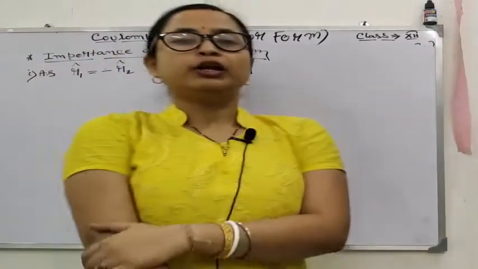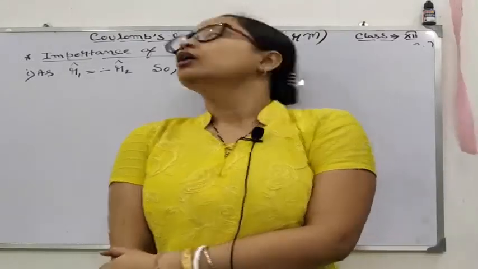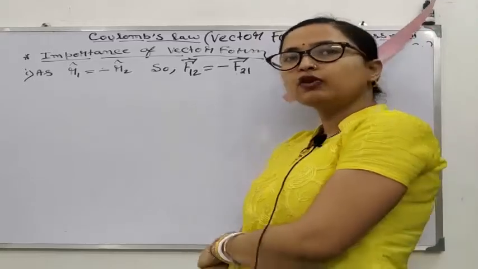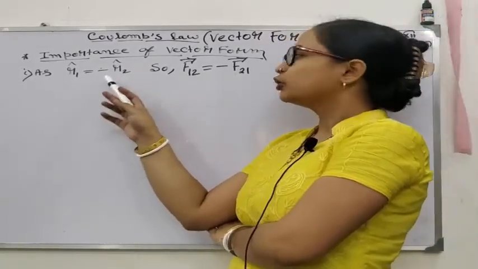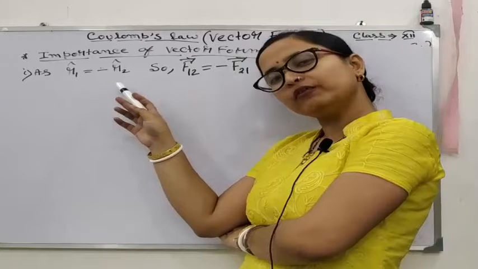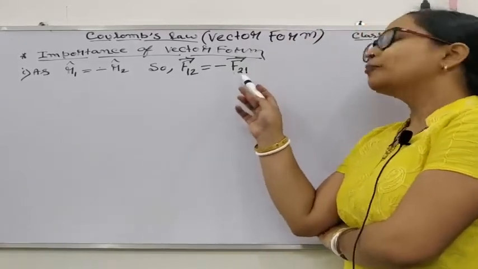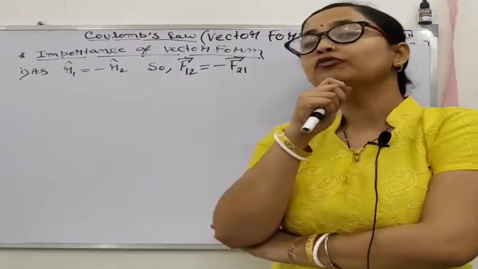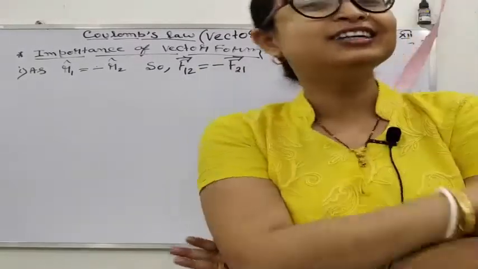So now we will learn about the importance of the vector form of Coulomb's law. From the vector form you observe R1 unit vector is equal to minus R2 unit vector. As a result, F12 is equal to minus F21. Do you remember in class 9 you learned one law? Which law is this? Newton's third law.